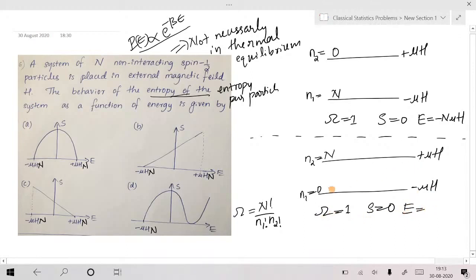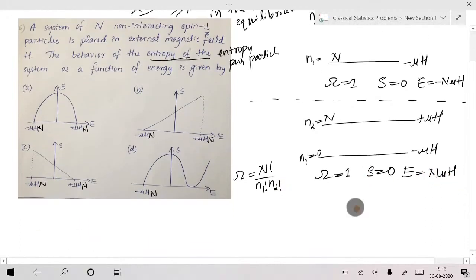The energy here, since all particles are here, is n mu h. You can define energy per particle as mu h, and entropy per particle, but let me define it like this.